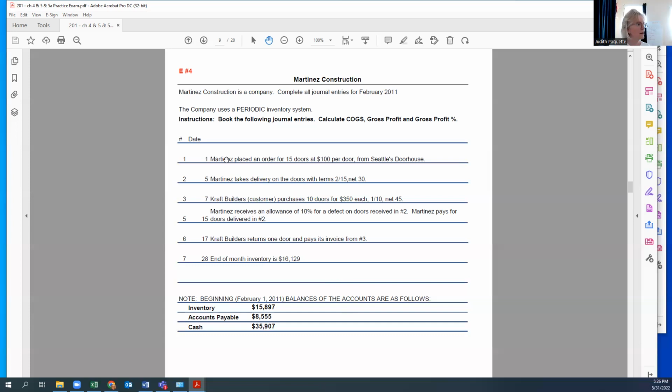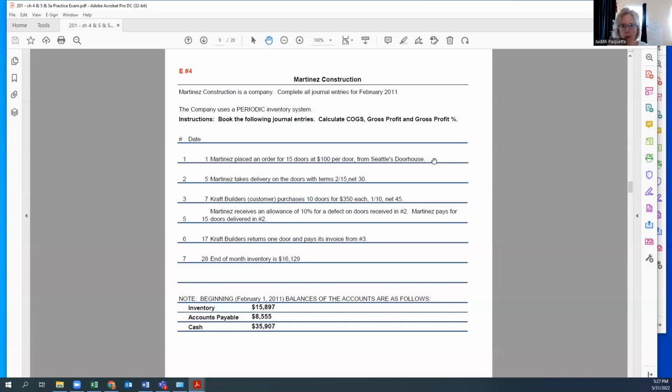Okay, so Martinez placed an order from Seattle's Door House. Going back to chapter 3, where I asked you guys, was there an economic exchange? If so, you do a journal entry. Placing an order is not an economic exchange. If Seattle Door House shipped to them, that would be one thing, but they didn't.